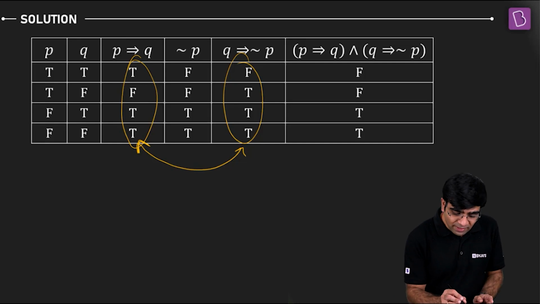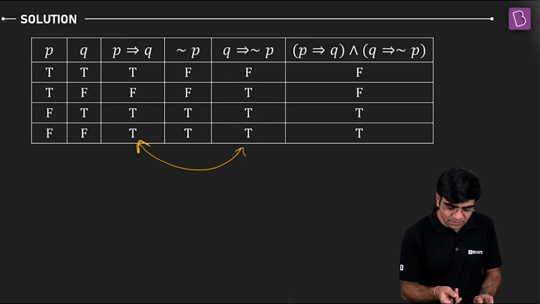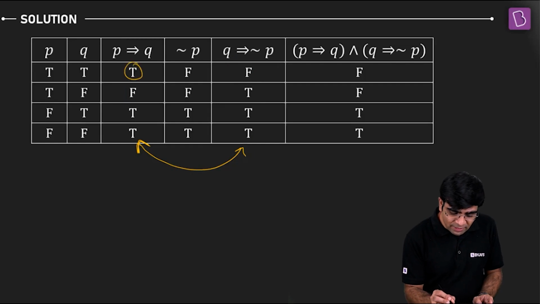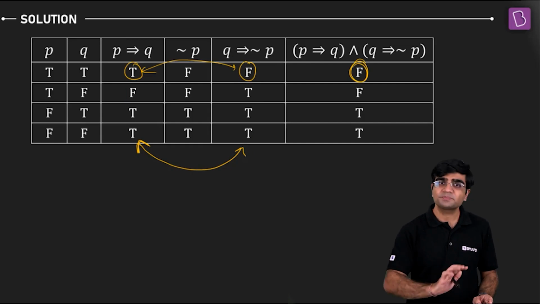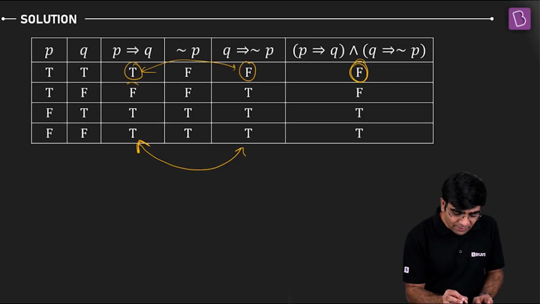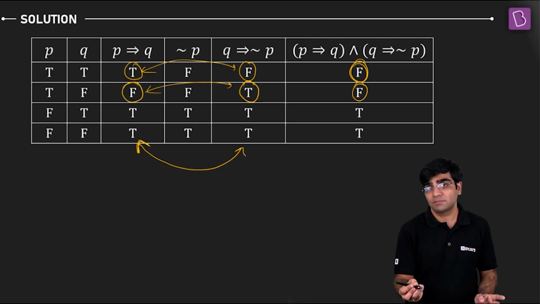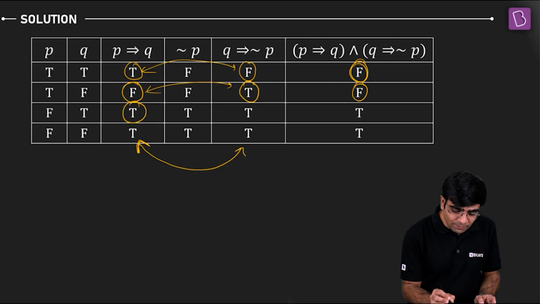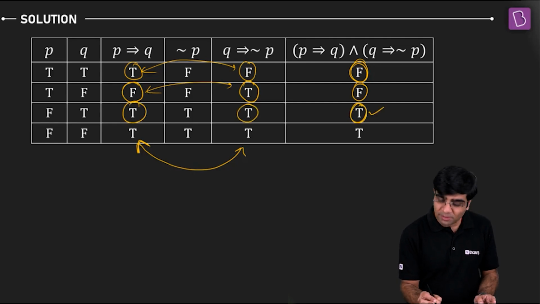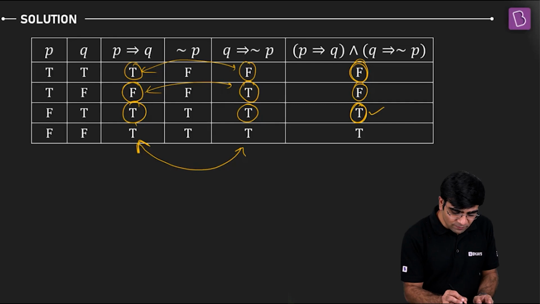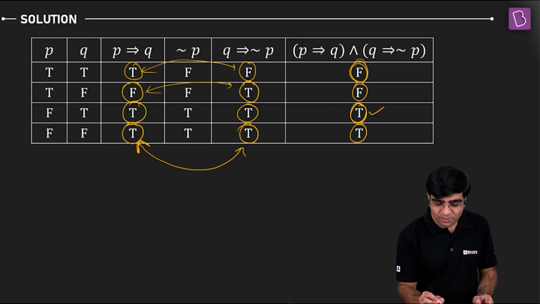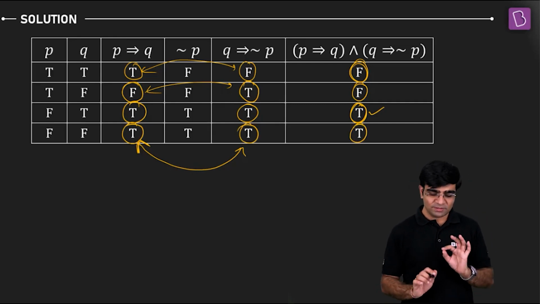So if the first statement is true and the second is false, the AND operator will make it false. If the first statement is false and the second is true, since either of them is false, the resultant has to be false. Then if both of them are true, only then does the resultant become true. Perfect. So this is what my outcome is.